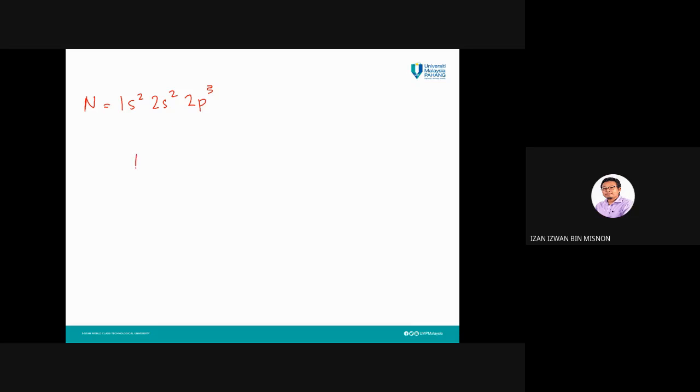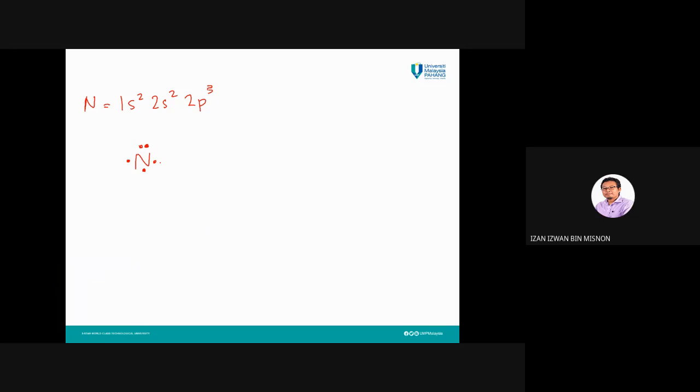So for nitrogen, we can write the Lewis structure with 3 single electrons and also another 2 electrons as a pair.